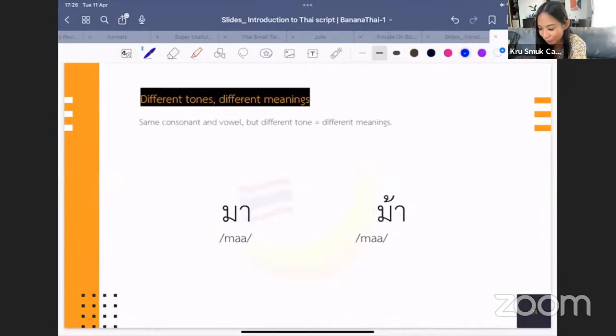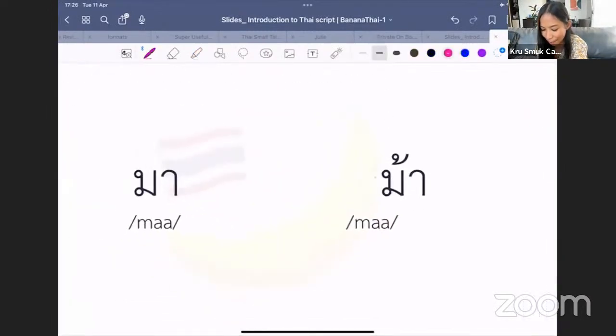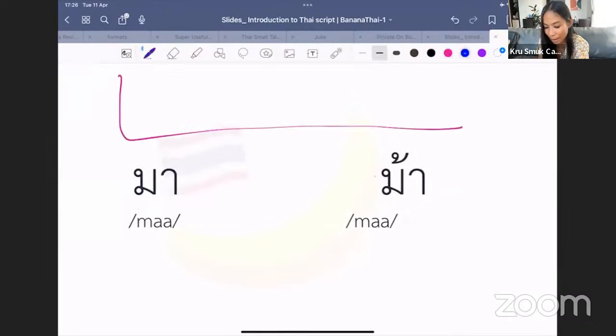And different tones have different meanings. For example, this one, ma, flat tone. Can you say ma? I'm going to draw this. Ma. And this one is ma. So you see, right?